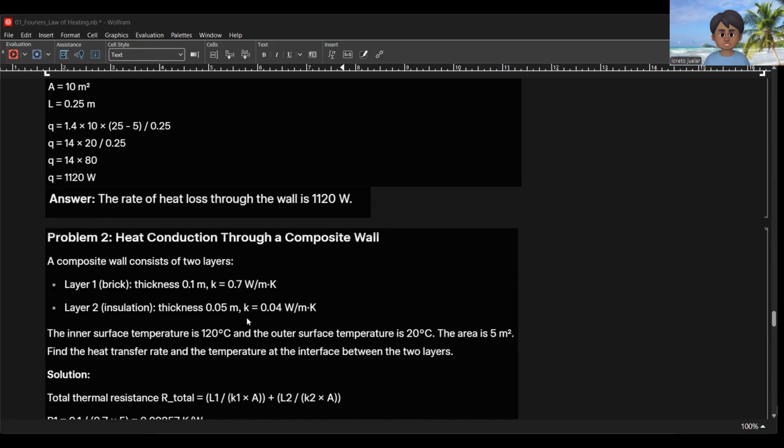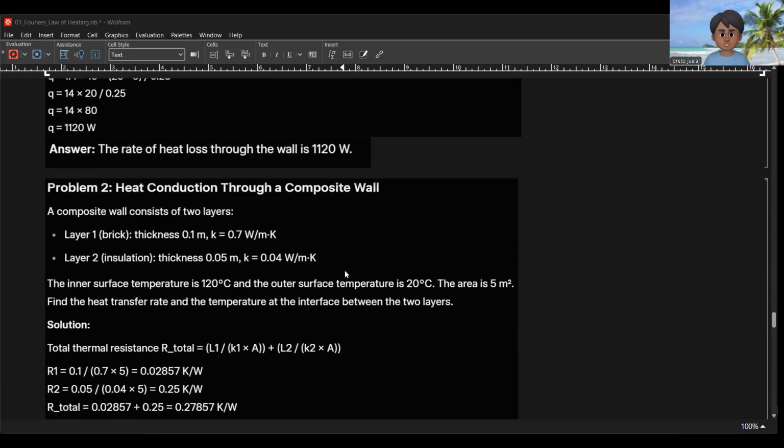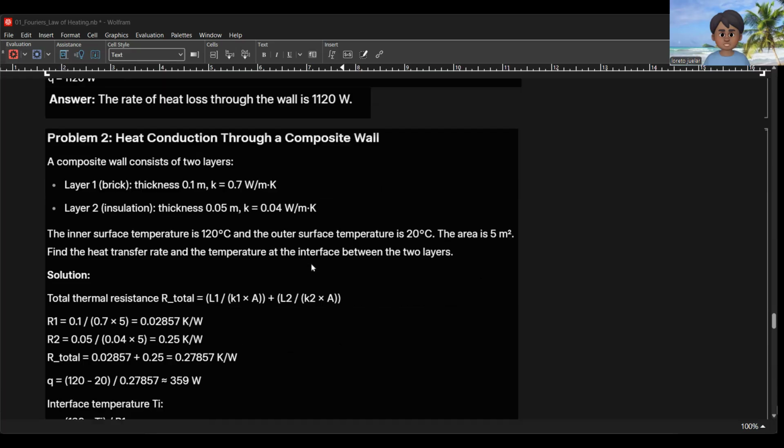So problem number two, heat conduction through a composite wall. A composite wall here consists of two layers. Layer one, brick, thickness 0.1 meter, thermal conductivity 0.7 watts per meter Kelvin. Layer two, insulation, thickness 0.05 meter, thermal conductivity 0.04 watts per meter Kelvin.